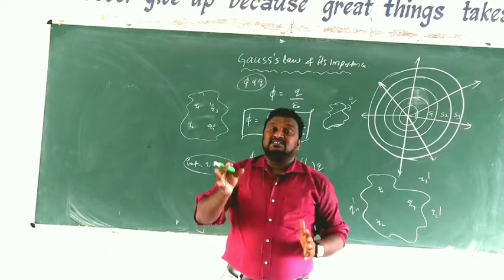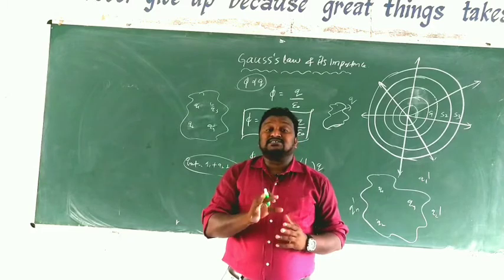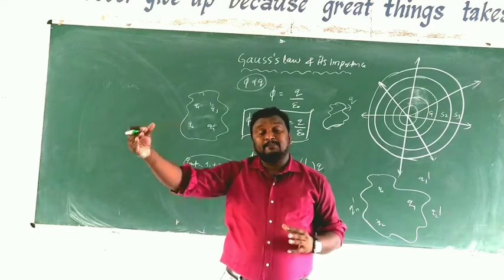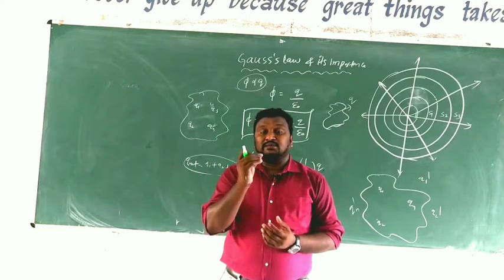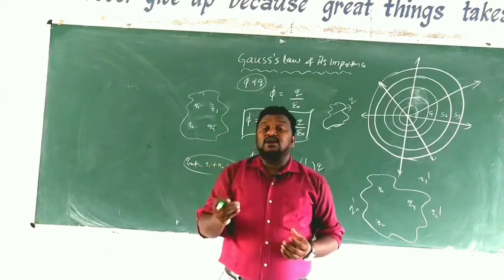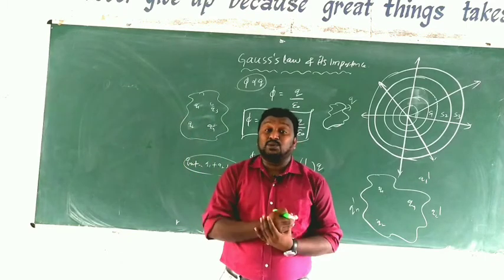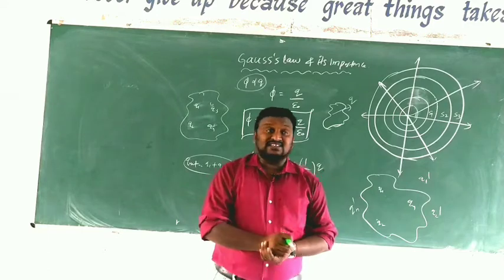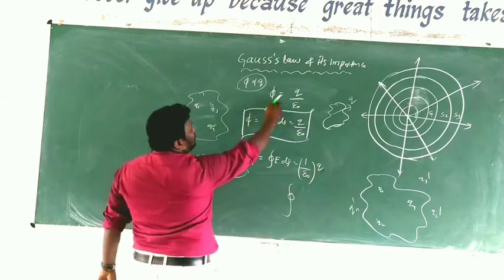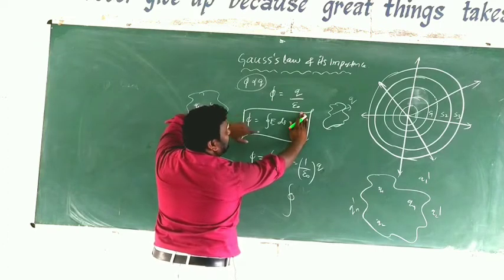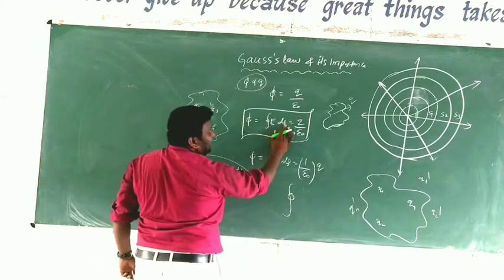What is that? The amount of net flux passing through a closed surface is 1 by epsilon naught of the net charge of the same closed surface. So this is what we call Gauss law. Here phi is equal to q by epsilon naught, and phi is written as integral E dot ds.